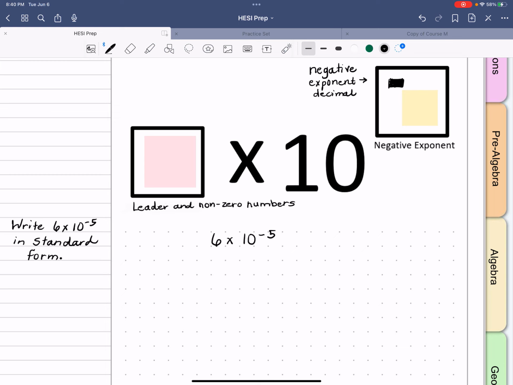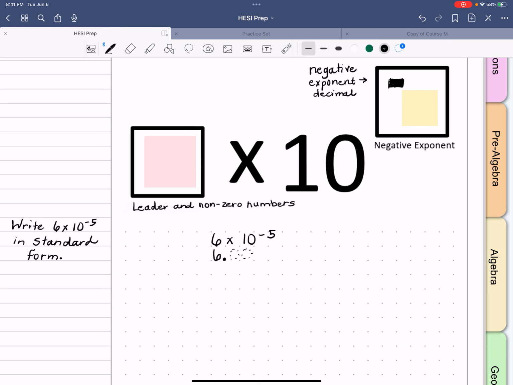So the first thing you do is write down the leader. But this time, instead of writing, well, we can do it right here. It won't matter. Let's write it down right there. Now, if that's a 6 whole number, the decimal is right there. Think of $6. You don't see the cents, but it's there.